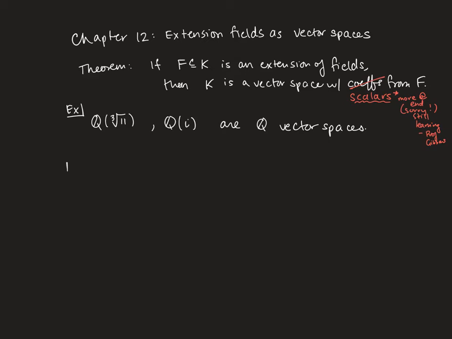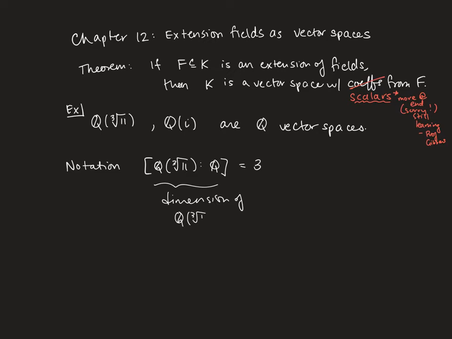So if we write down, let's say, Q adjoin cube root of 11 over Q, this had dimension 3, so this means the dimension of Q adjoin cube root of 11 as a vector space over Q, where the scalars come from Q. And you'll notice that this notation looks a lot like other notation that we've been talking about in class. So let's observe some stuff.